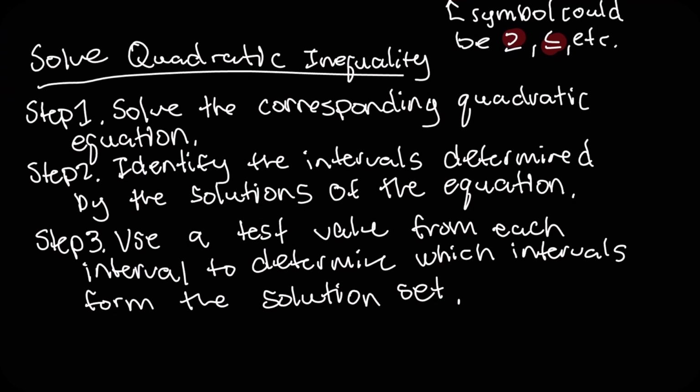Number 1, solve the corresponding quadratic equation. You might be using completing the square, you might be using the quadratic formula, or you might just be able to factor it out. Number 2, identify the intervals determined by the solutions of the equation, and then finally use a test value from each of the intervals to determine which intervals form the solution set.